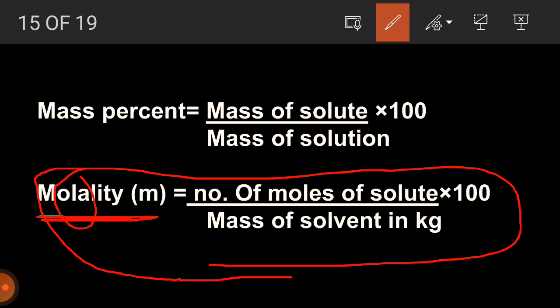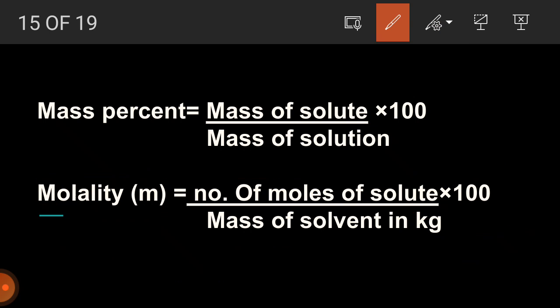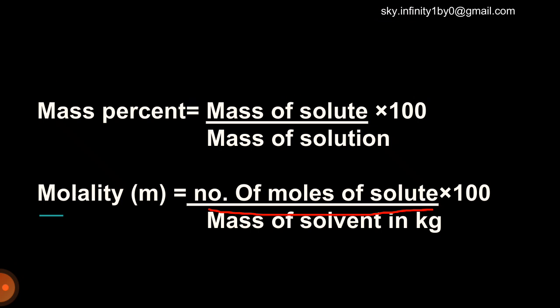Here, molality, the symbol is small m, and its formula is number of moles of the solute divided by mass of the solvent in kg. This has to be kept in mind. So molality is number of moles of the solute divided by mass of the solvent in kg, multiplied by 100.